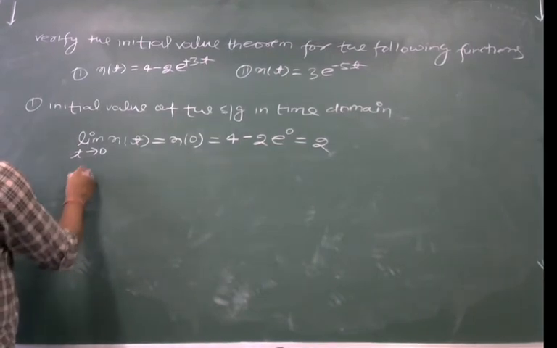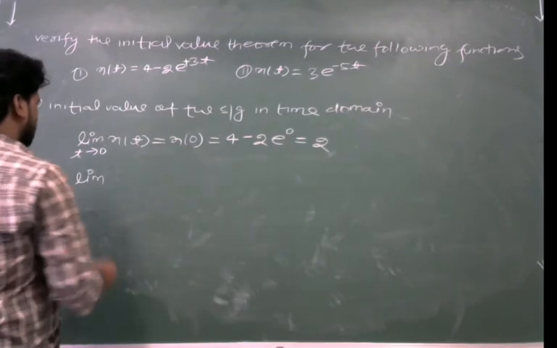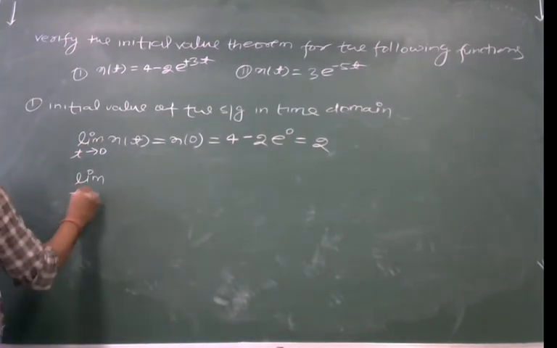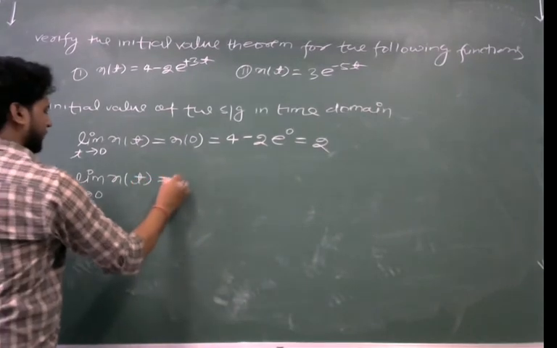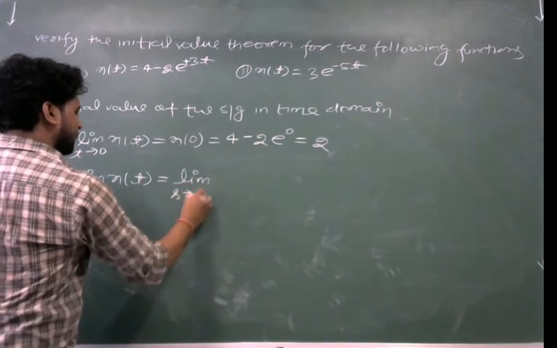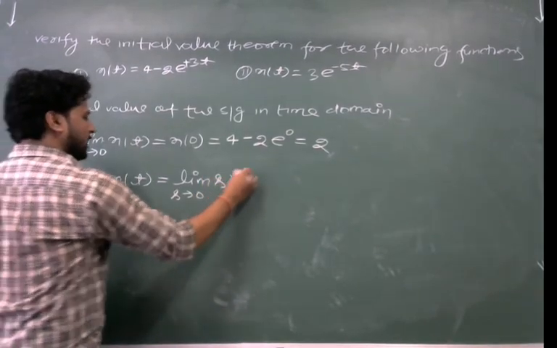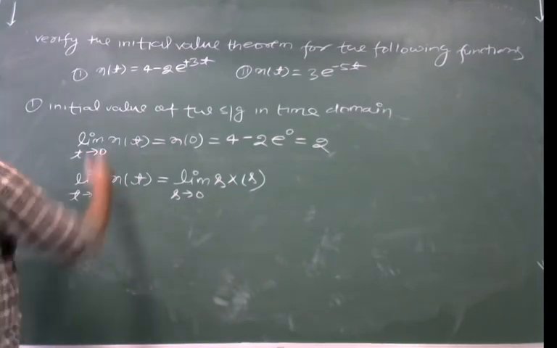But by using the property in the Laplace transform, the initial value theorem, we can write limit t tends to 0 x of t as limit s tends to infinite s into x of s. So first we have to calculate x of s.